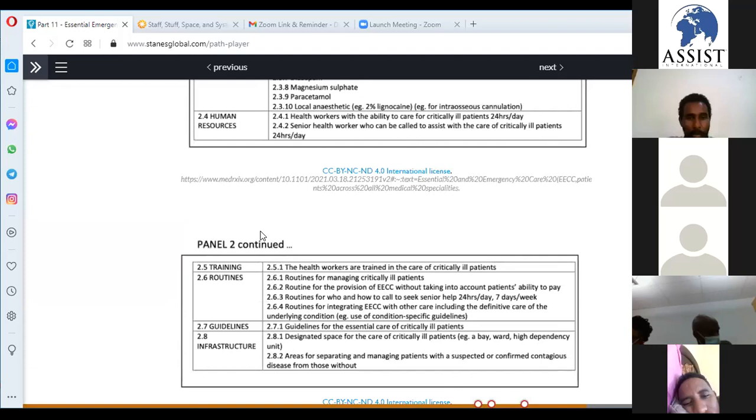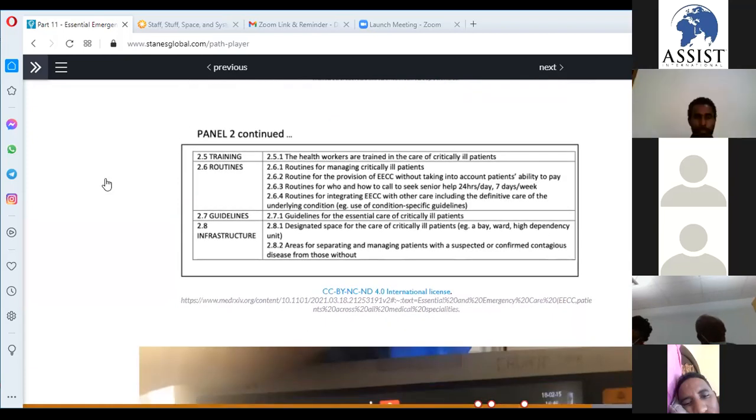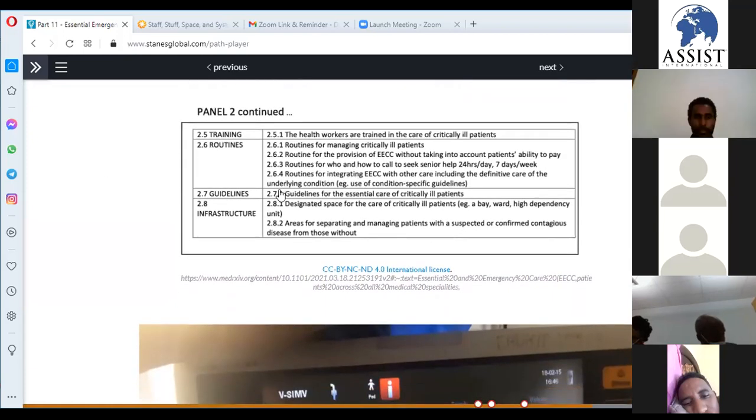Probably additional senior individuals who are trained specifically for critical care might be needed. Yes, there are different guidelines developed in different setups, so you need to adopt those guidelines and protocols in your setup. Okay.